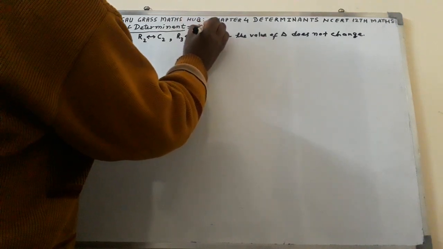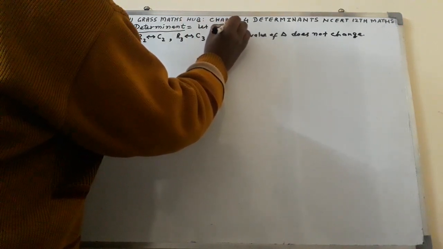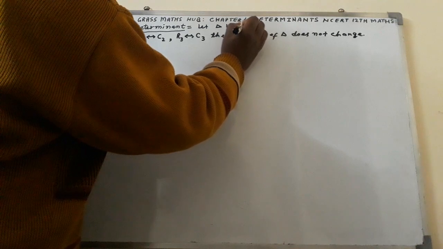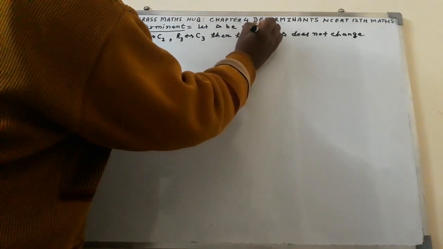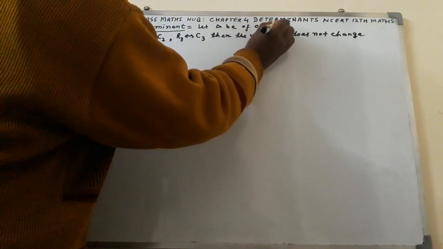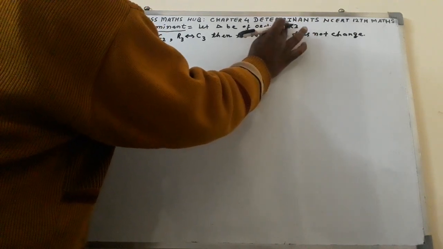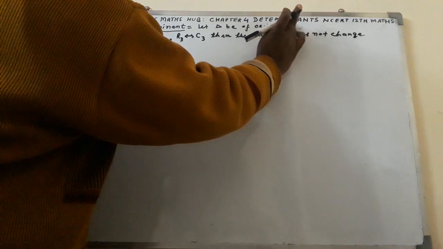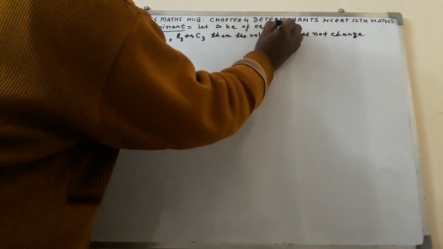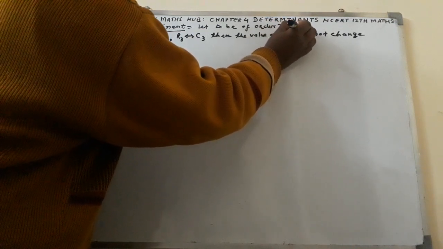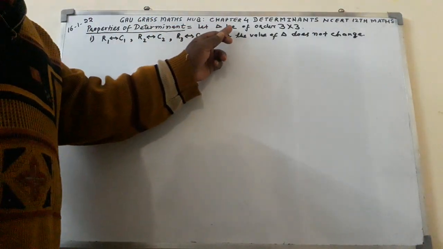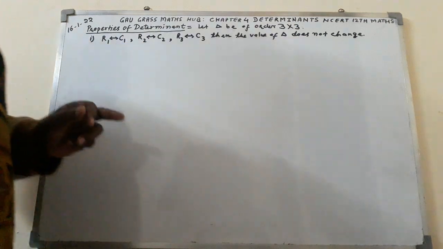Let the determinant be of order 3 cross 3.